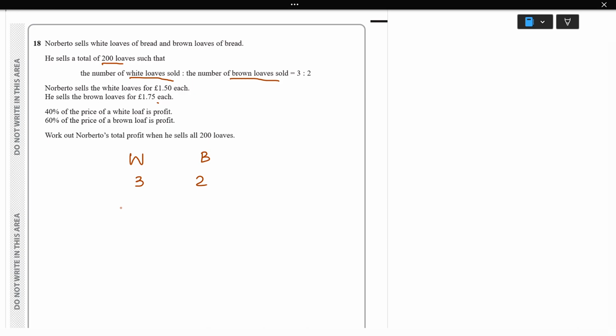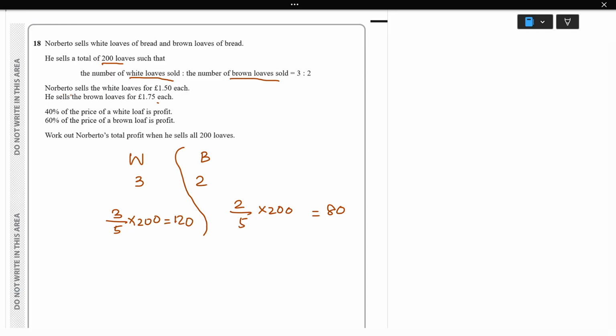Total ratio is 5. So 3 over 5 times 200, which is 3 times 200 divided by 5. So the answer is going to be 120. This is 120 white breads. Now I'll calculate for brown breads, which is 2 over total ratio 5 times 200, which is equal to 80 brown breads.